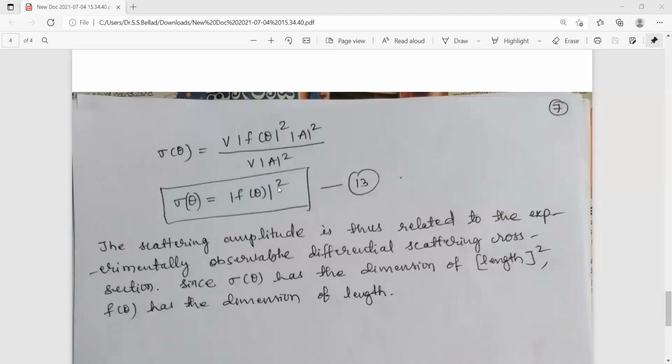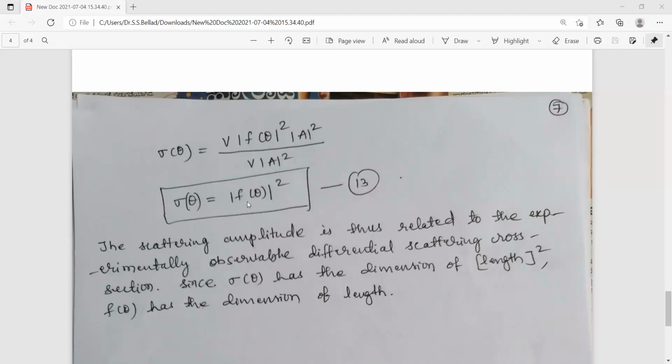Here the square is there, but here the square is not there. So this has the dimensions of length square, therefore F of theta should have the dimensions of length.